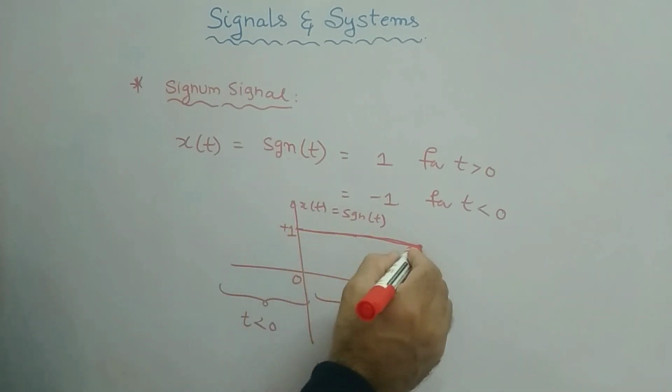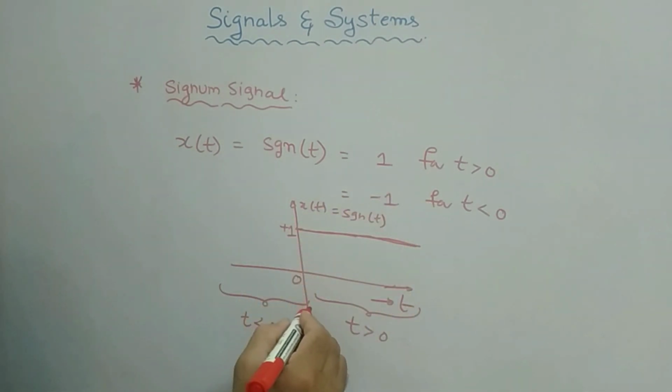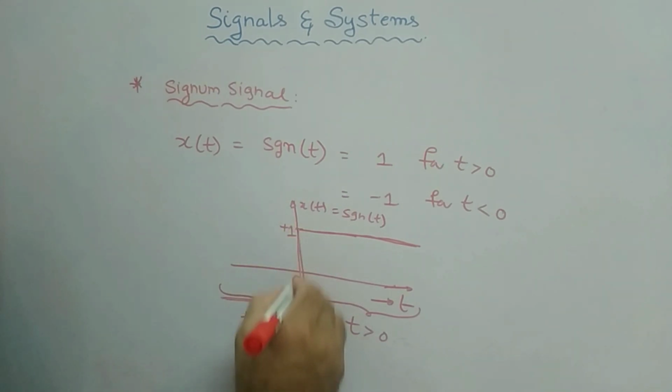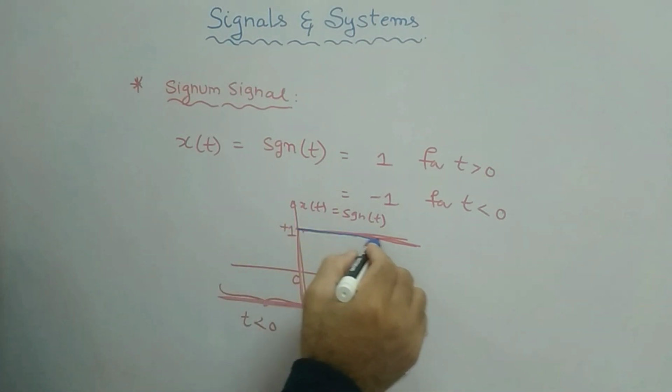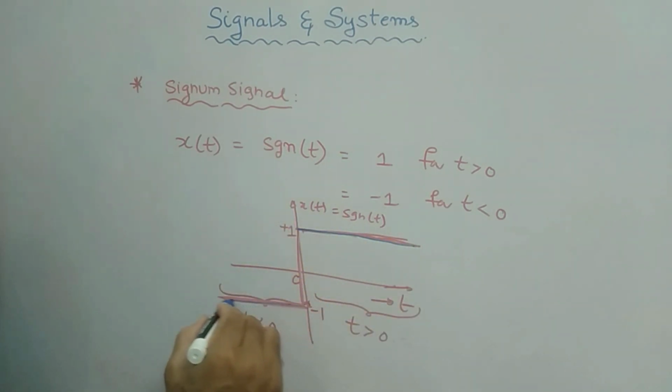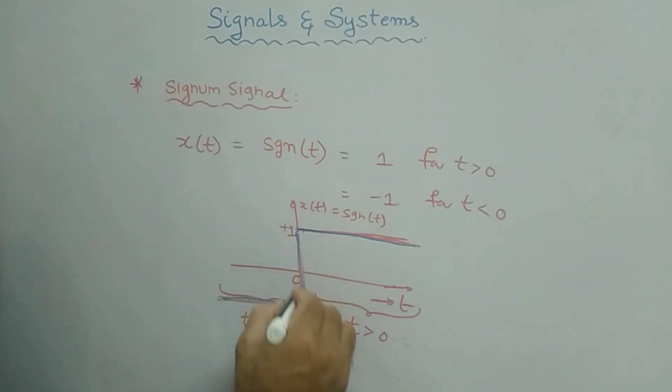Whereas for t less than 0 the value will be minus 1, and it will be in this form. Understood? Clear? This is the definition of a signum signal.